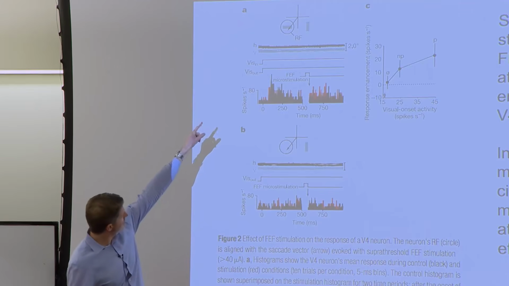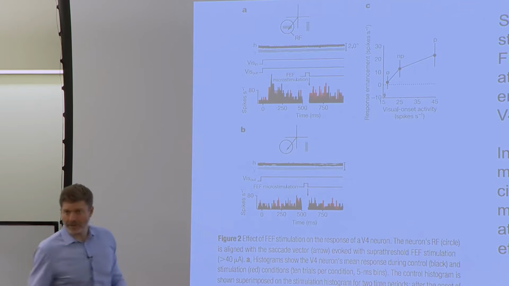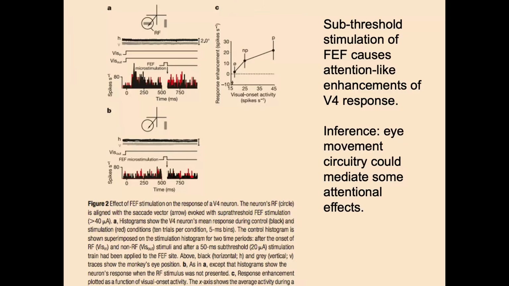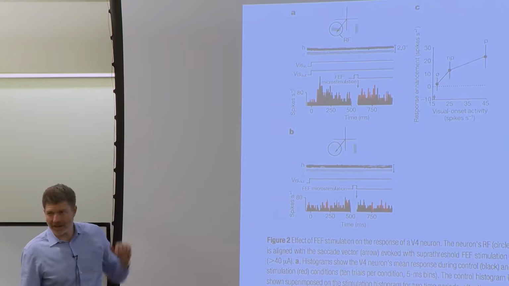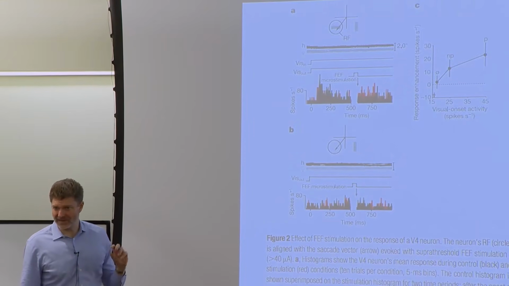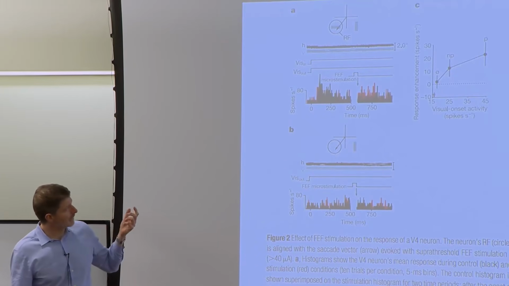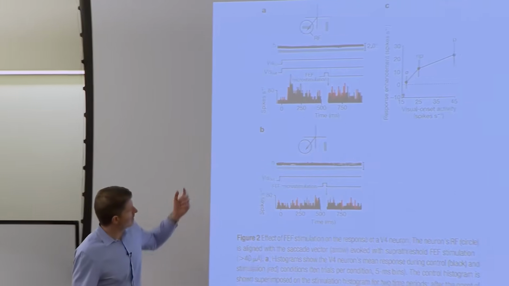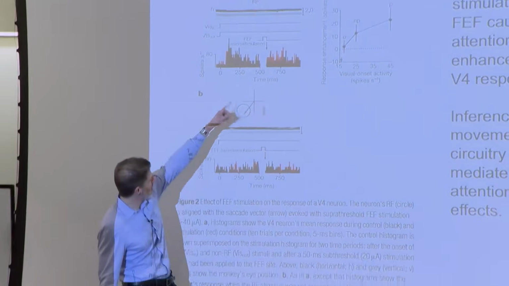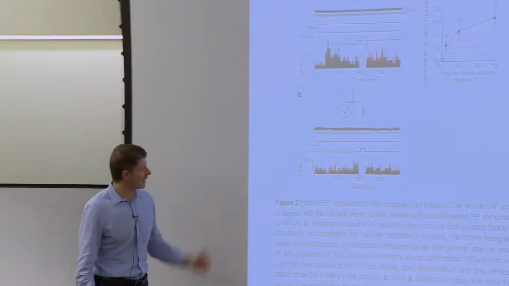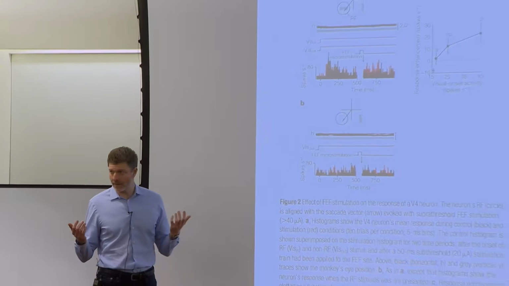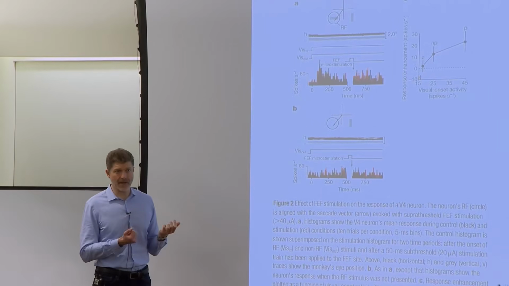And the eye traces, the H and the V, represent the horizontal and vertical position of the eye. And so what that's supposed to tell you is that the stimulation is not causing the eyes to move, right? So the effect is not because the eyes are moving, it's something else. Okay? And the claim is that that kind of enhancement of the response is a lot like what you would see if you were paying attention to that location.